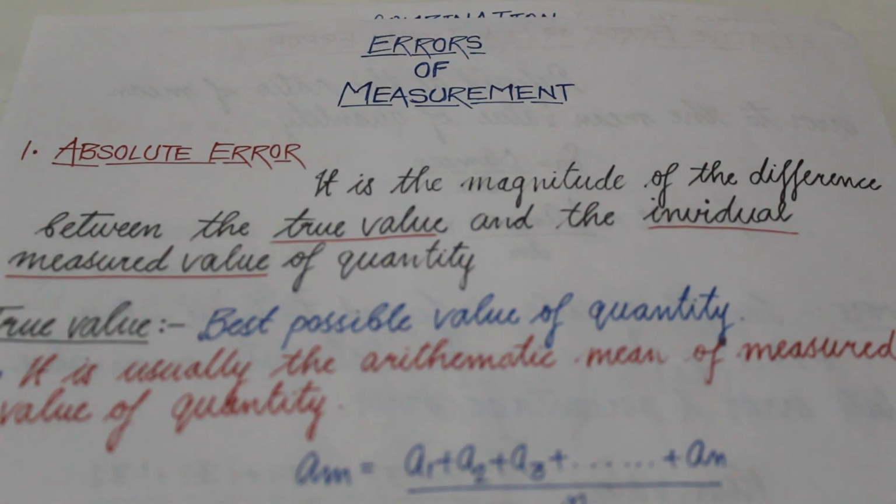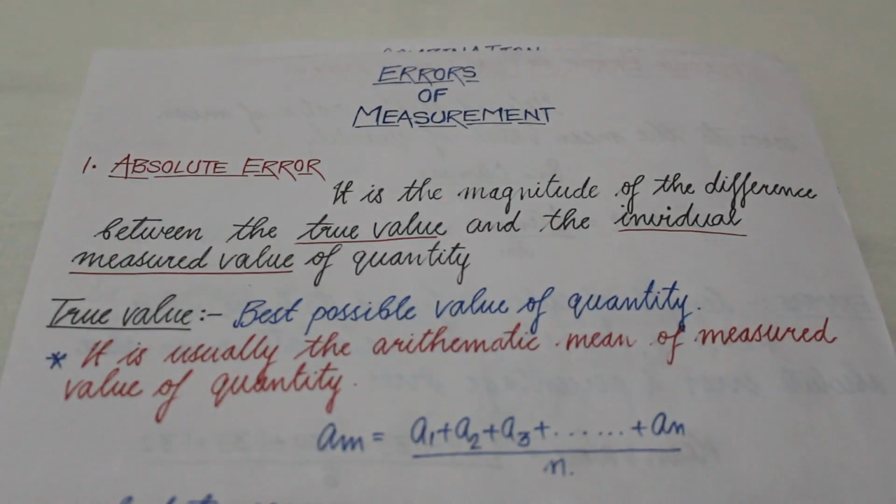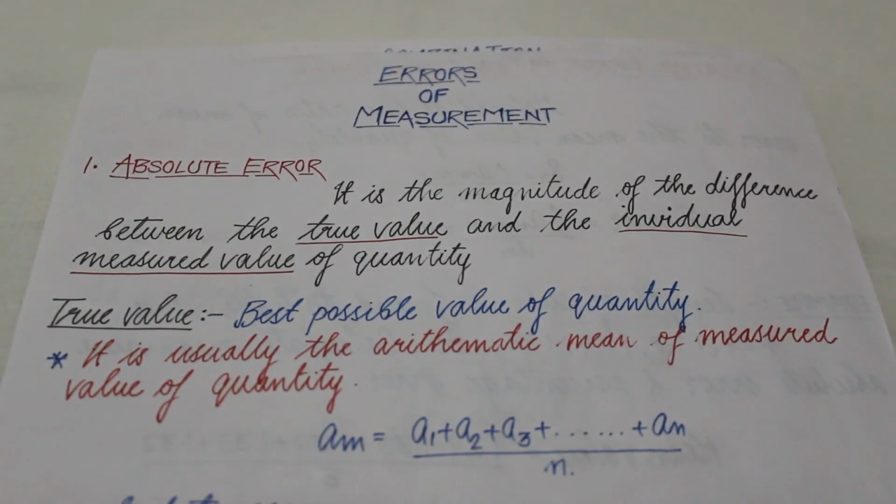Now what is true value? True value is basically the best possible value of the quantity, and it is usually the arithmetic mean of measured values of the quantity. What you do is you take 4 to 5 readings and then you find out the arithmetic mean of those readings, and that value is considered to be the true value or the near perfect value.